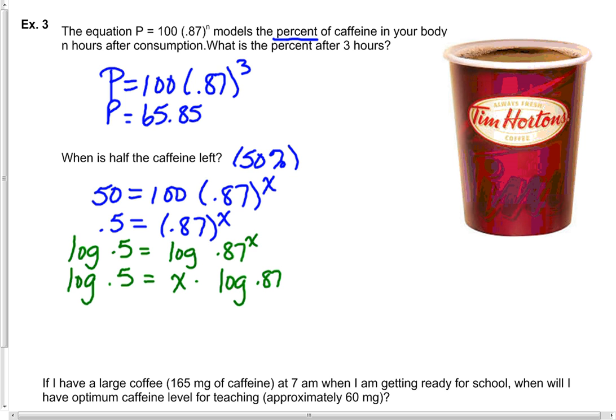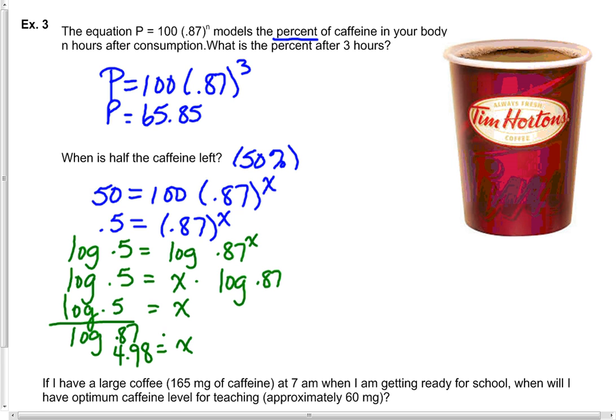Well, to get x by itself, I'm just going to divide: log of 0.5 divided by log of 0.87. My x value is approximately 4.98. So after about 5 hours, I will have half of the caffeine left that I started with.